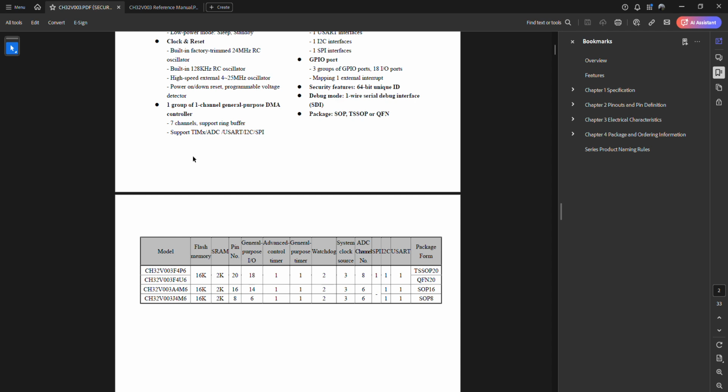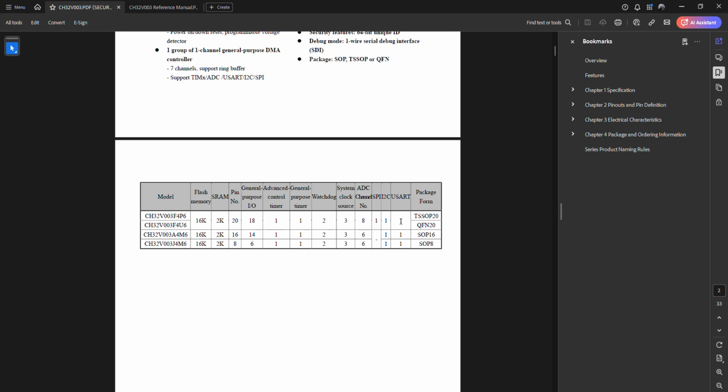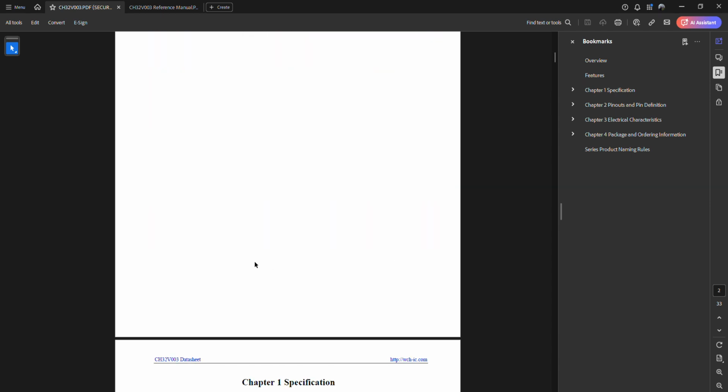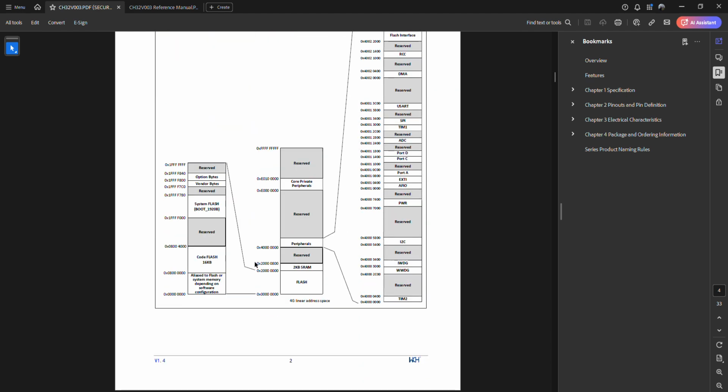So our microcontroller, the CH32V003, comes in 4 different packages, and the datasheet shows what these packages are. Technically they are all the same except for pin numbers and number of ADCs, and other than that everything is the same.